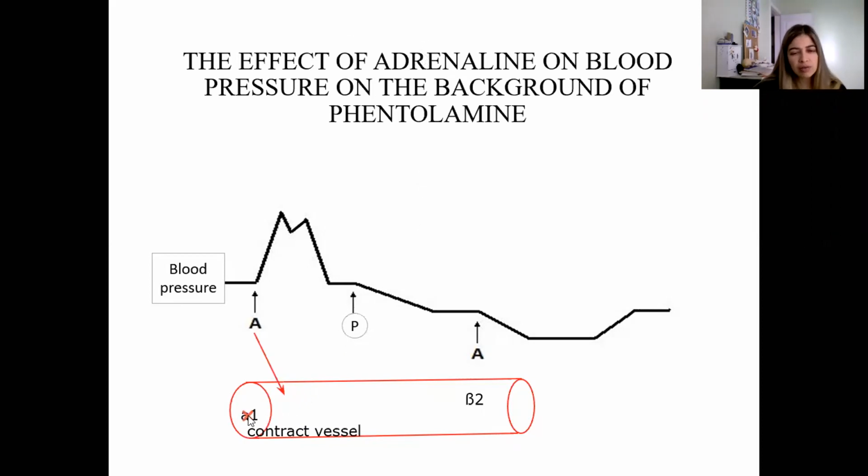So it blocks alpha adrenoreceptors. Okay, it blocks, so the contraction will be less. That's why we can see here the decrease of blood pressure. It decreases because no contraction can happen, even with the natural adrenaline.